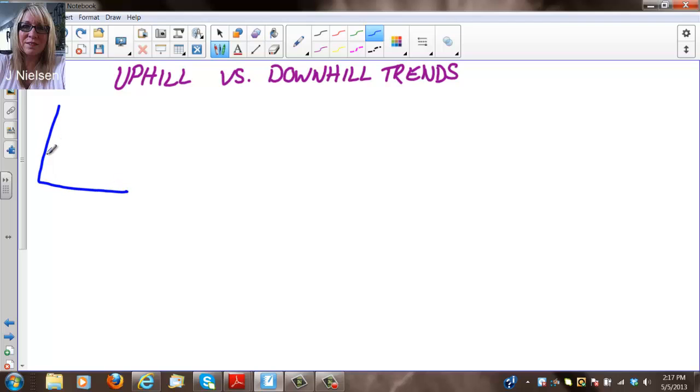So, this is an endothermic curve, right? And I know that it's endothermic because I'm going uphill. And when something is endothermic, we know that energy is absorbed.